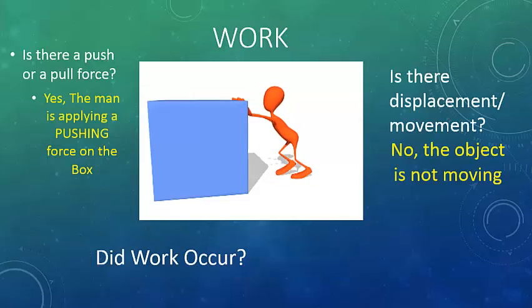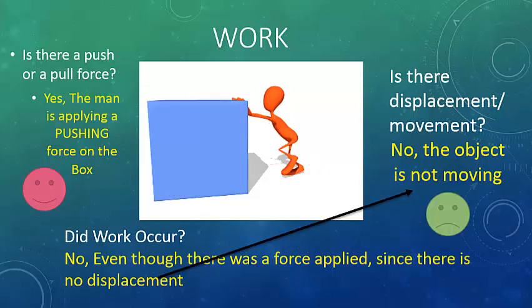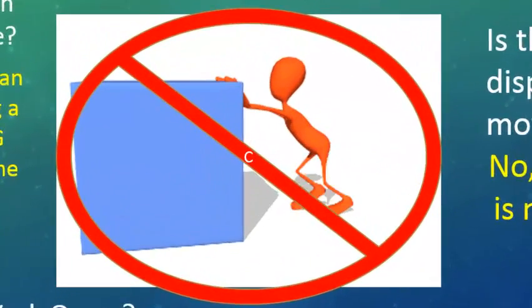So, we took a look at these two criteria, and we got to determine if there was work being done here. So, was work being done? Unfortunately, there was no work being done, because even though he was applying a push force, and even though he was applying a hard push force, since there was no displacement, no movement of the box, no work has been done on the box.